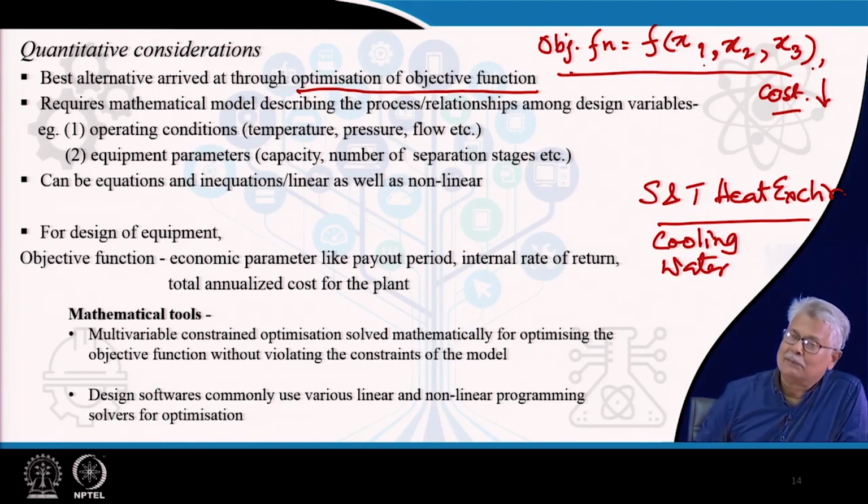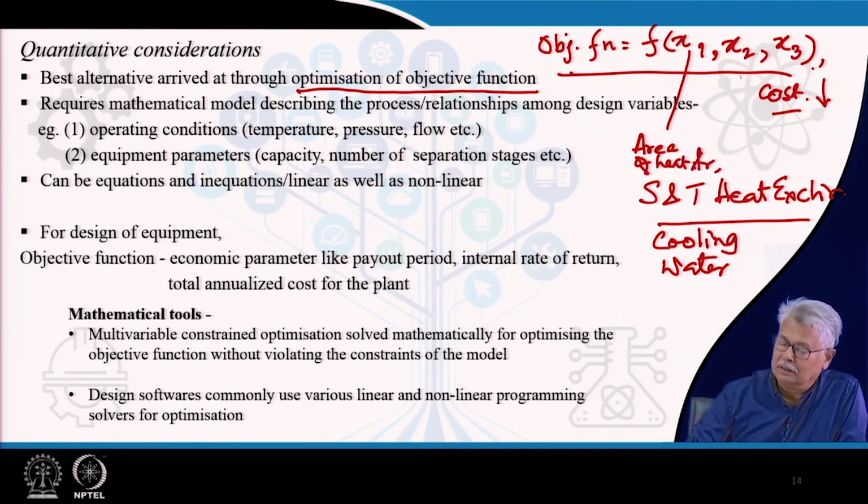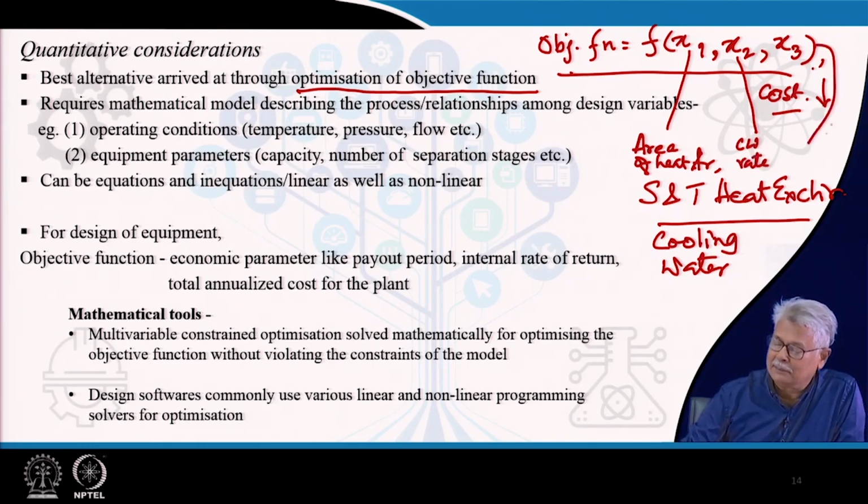What are x1, x2 and x3? These are my parameters of design. What are the examples? x1 could be the area of heat transfer. x2 could be the cooling water rate. x3 could be some dimension of the heat exchanger.